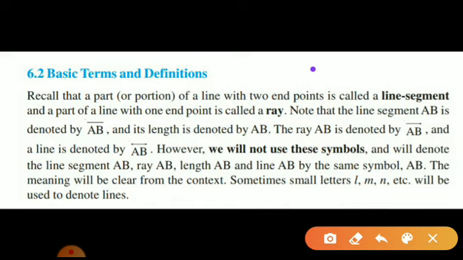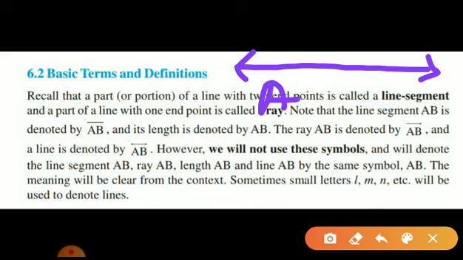Now the next was the concept of a line. A line is a collection of infinitely many points in a straight manner, which can be extended from both the sides. That means when I draw this and mark two arrows, it can be extended from both the sides.